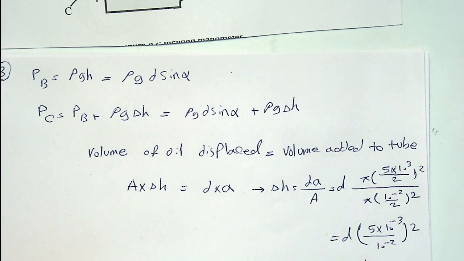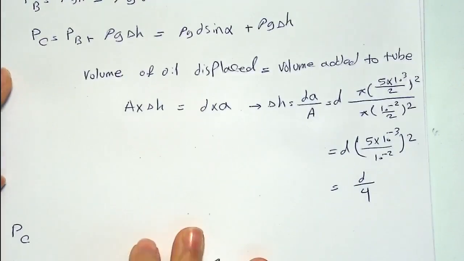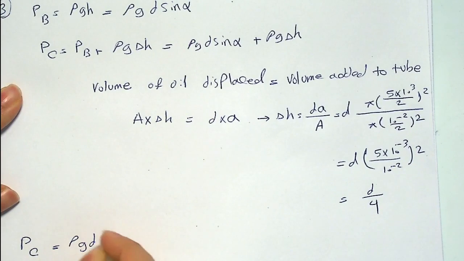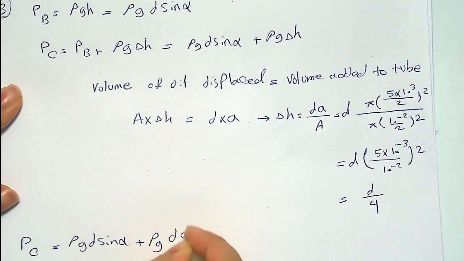So using this, I can calculate PC. I know PC is equal to 500, and I know the rest of the parameters as well.